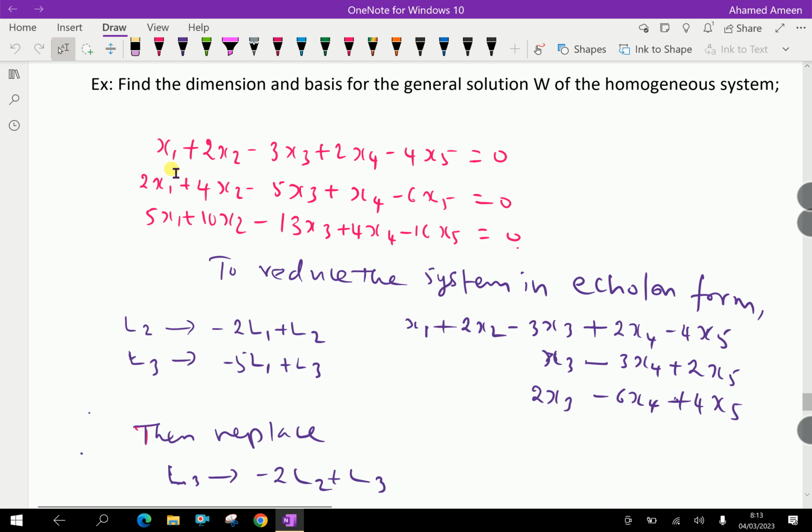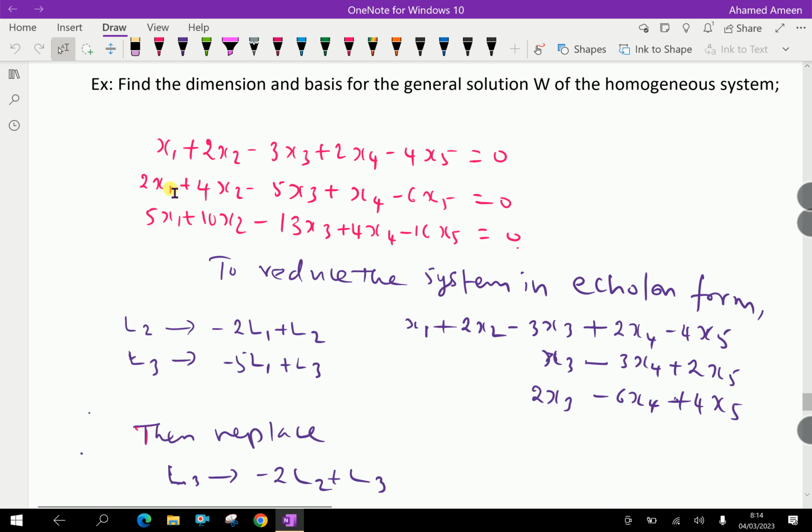That means 2x1 minus 2x1 gives 0. And another operation: L3 gives minus 5L1 plus L3. First, look at the first equation; we write it as it is: x1 plus 2x2 minus 3x3 plus 2x4 minus 4x5.